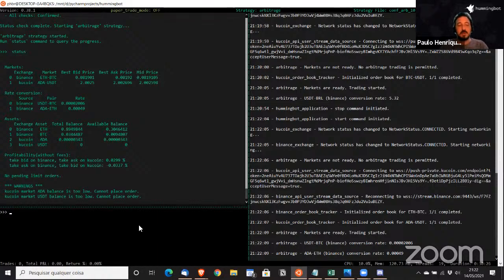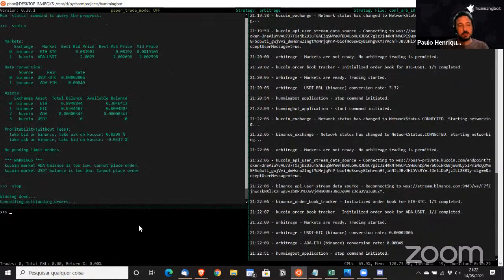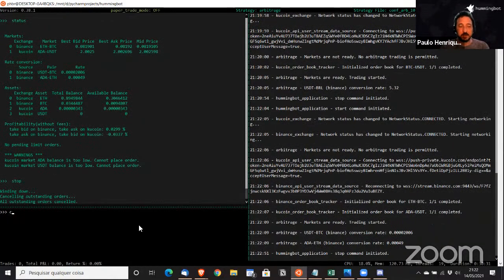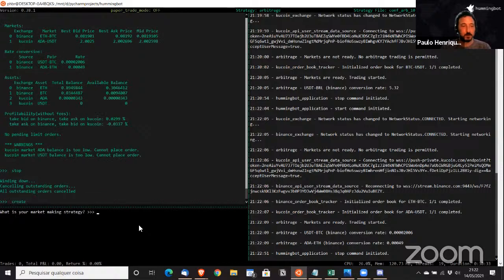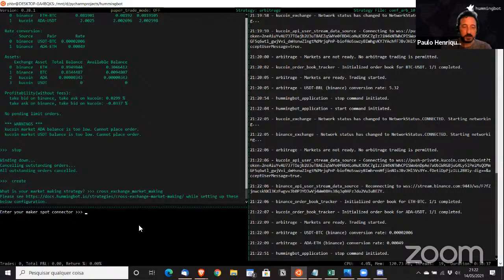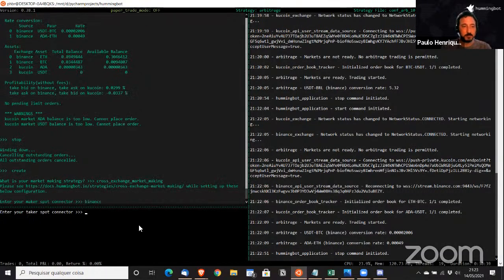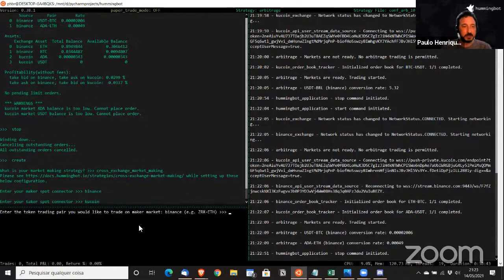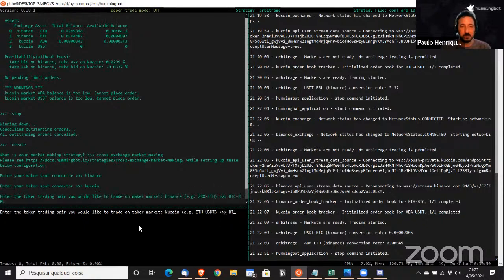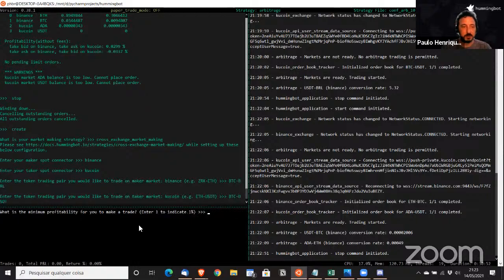So yeah. Another strategy that we can use is the cross-exchange market making. Let's use again the spot, the taker. Let's use KuCoin as the taker. Let's say BTC BRL to keep things simple, and BTC USDT.